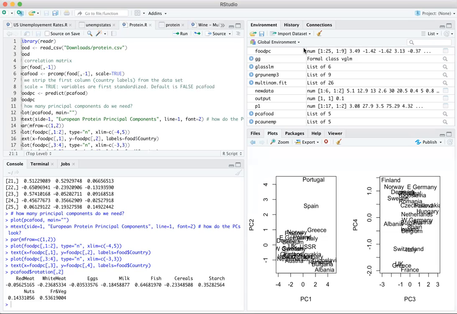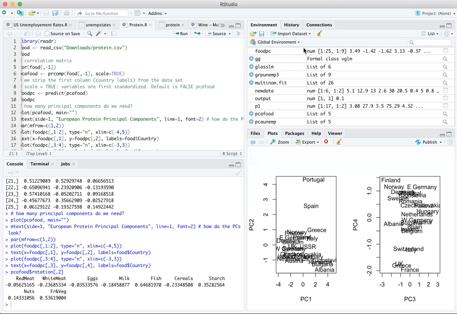Principal components analysis, PCA, is a mathematical procedure that uses an orthogonal transformation to convert a set of observations of possibly and most likely correlated variables, x1 through xp, the columns of the X matrix, into a new set of values of uncorrelated variables called the principal components.